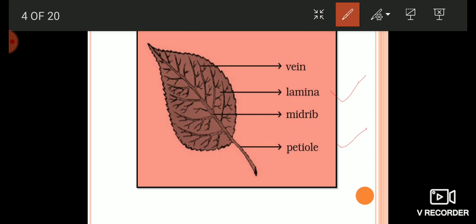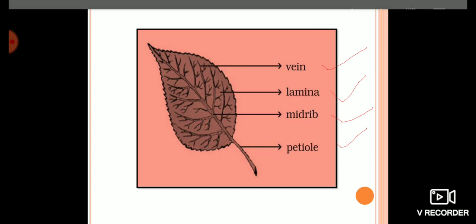After that, the small lines present on a leaf are called veins, and there is one thick vein in the center or the middle of the leaf called midrib. So these are the four parts of a leaf. Now you have understood the different parts of a leaf.